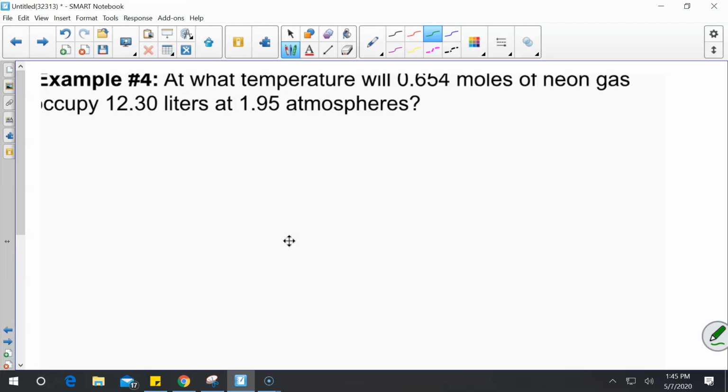Notice, is there a change in the variables, like the initial temperature and the final temperature, or the initial pressure and the final pressure? No, there is not. Since there isn't a change in variables, that's a good sign that we are looking at the ideal gas law. So the ideal gas law is that equation, PV equals nRT.